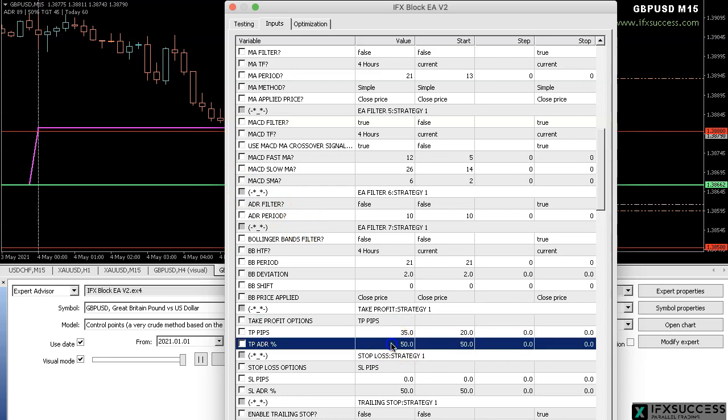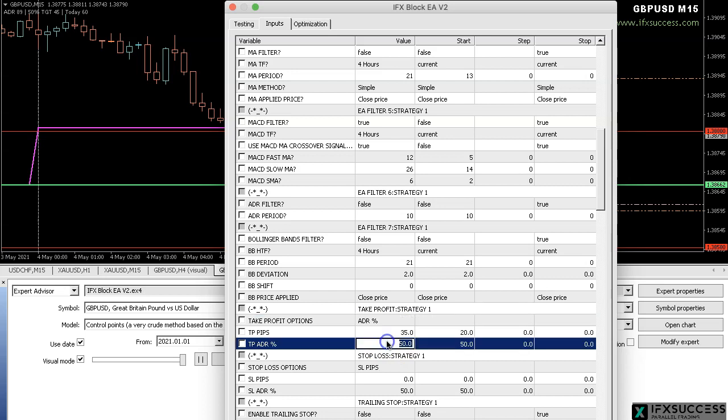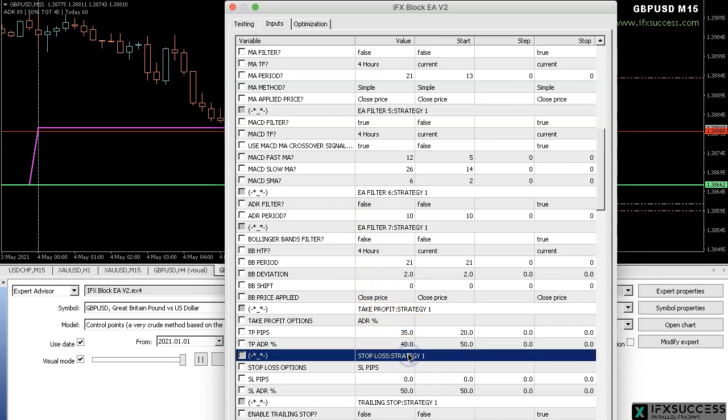So what I can do in here, instead I can change this around and say ADR percentage. Instead of putting fixed pips, 35 pips, I can just say, hey, look for 50% of the ADR for that type of pair, right? So it will be 89. So really we're looking for 45 pips instead of 35 pips in here.